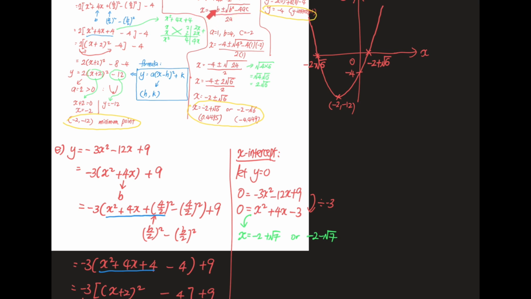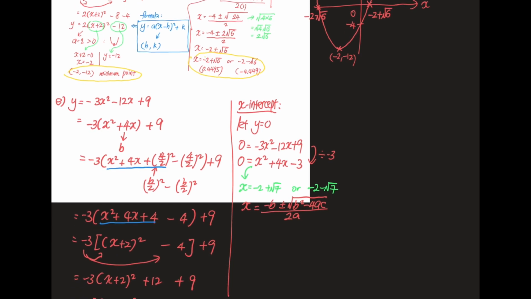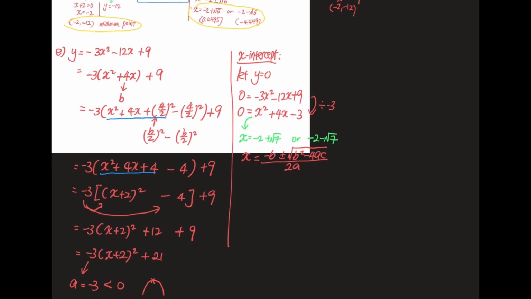Okay, so the quadratic formula, of course, is the same as the top one. This formula again. Okay, so we just use that. I write down first, x equals minus b plus minus square root of b squared minus 4ac, over 2a. So first, I write down the value of a, which is 1, b is 4, c is minus 3.